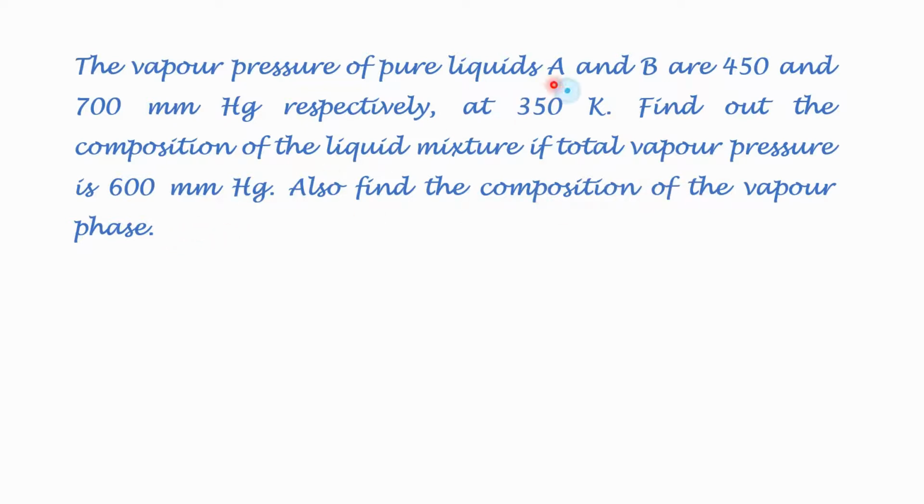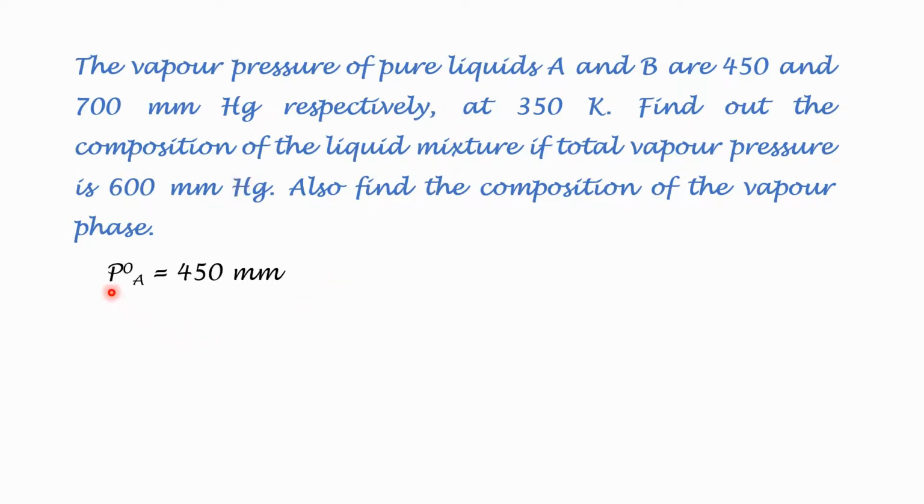Here, the two liquids given are, one is A, other is B. The vapor pressure of pure A is given, vapor pressure of pure B is given. Also, you are given the vapor pressure of the solution obtained by mixing these two. You are asked to calculate the mole fraction of the two liquids in the liquid phase as well as in the vapor phase.